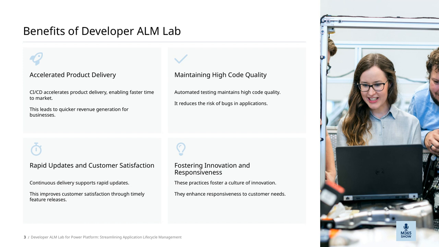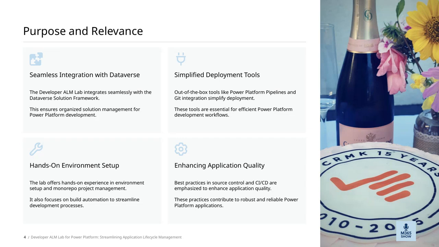This means we can get our products to market faster, which is essential for staying competitive and generating revenue more quickly. Overall, these practices not only streamline development, but also create a more responsive, innovative environment that benefits both our teams and our customers.